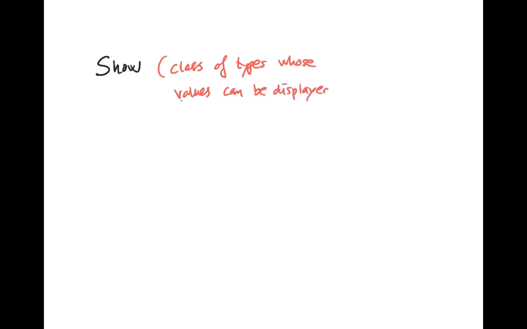And remember, a type class is a family of types, so it contains types such as Char and Bool and Int. That's because characters can be shown on screen, booleans can be shown on screen, integers can be shown on screen.